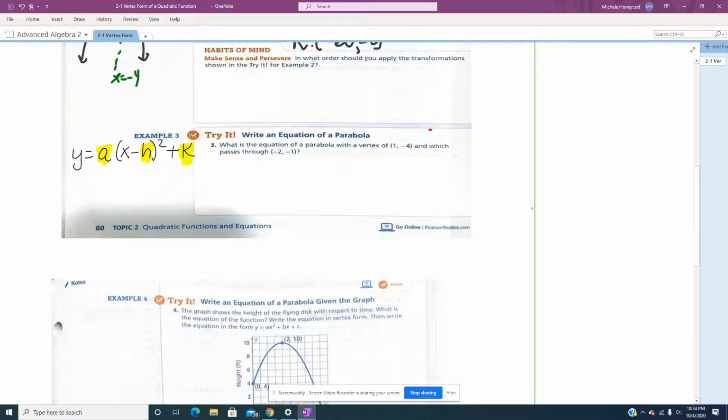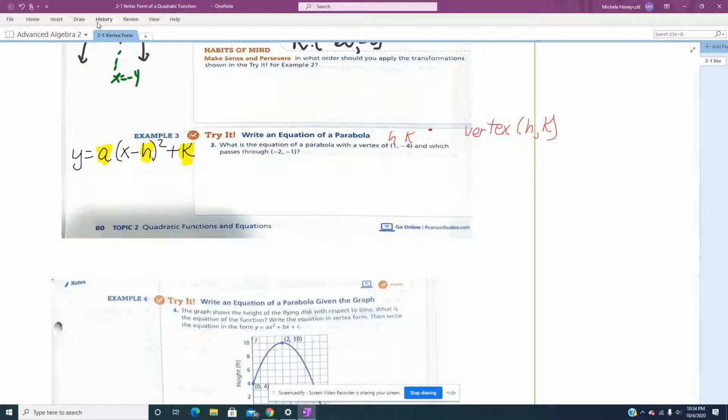Well, first of all, it tells me that I have the equation of a parabola with a vertex of 1, -4. So the h is 1 and the k is -4, because anytime I'm given a vertex, it's always in the form h comma k. So if they tell you the vertex, you know the h and you know the k. So check and check.